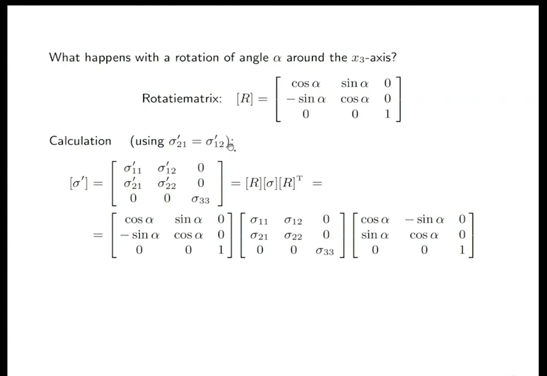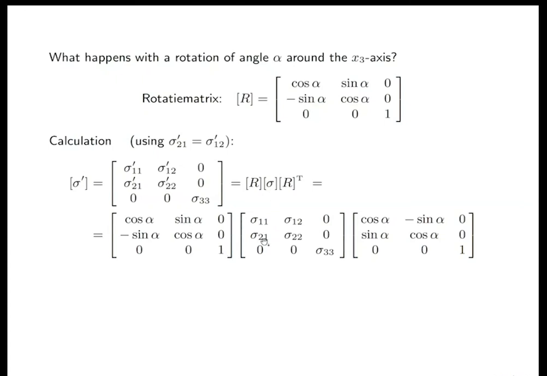Now, again, we use the transformation of stress, as we have done already several times. The new stress tensor, when we rotate around the 3 direction, doesn't change the 3, 3 component. It will change the 1, 1, 2, 2, and 1, 2 components. So those will be changed if we apply the transformation rule to the stress tensor. Okay, so this is the symbolic short notation.